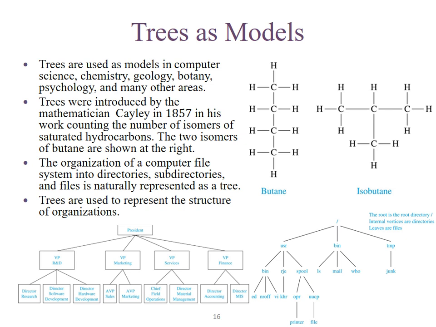Alright, so you can see trees can be applied to many different applications. This is the structure where we have the president, the RD VP, the marketing VP, and the research VP. So it's the structure of the employees or members of a company. Then for the VP, we have a research director, software director, or hardware director under the RD VP.